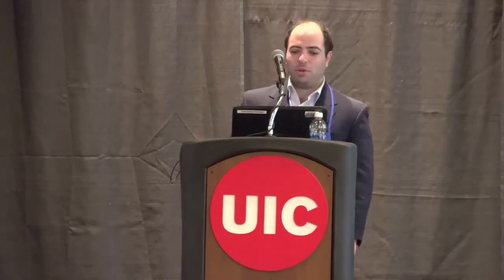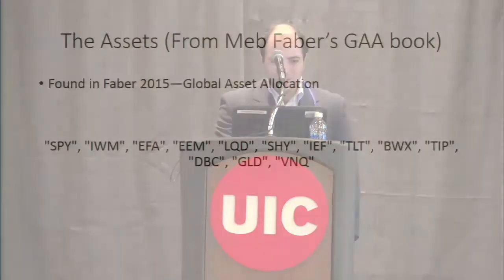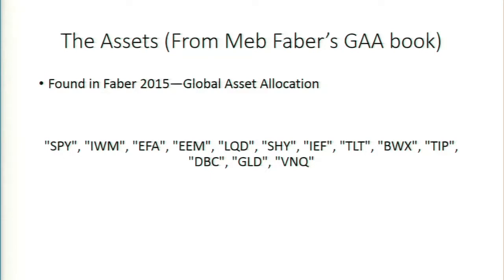This is called Global Adaptive Asset Allocation, which is actually an ETF that Meb Faber said he is launching between the time I completed this presentation and today, and the possible end of momentum, and you will see why. So we're going to take the 13 assets from Meb Faber's Global Adaptive Asset Allocation book.